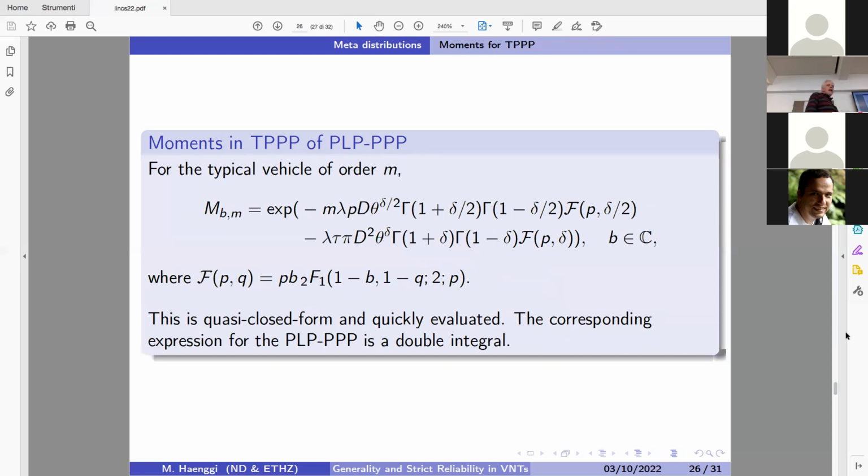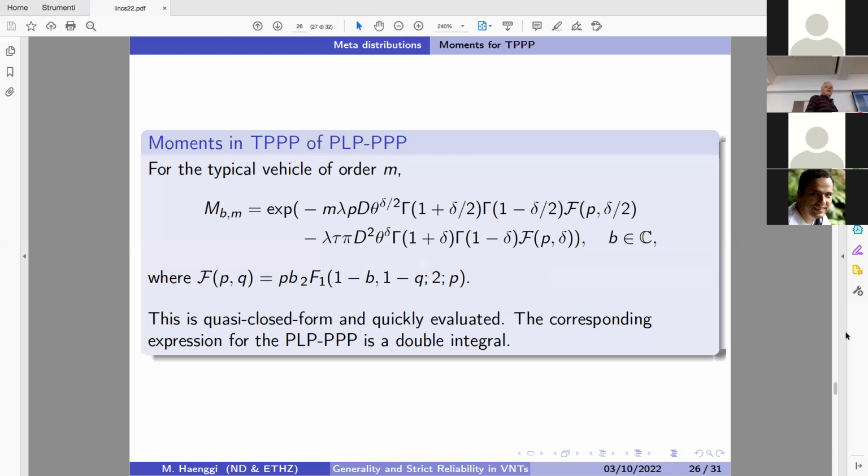So we assume we can calculate the moments, and indeed, if we take the transdimensional approach, we get simple expressions for general moments. Here b can be any complex number. It looks similar to the previous expression for just the SIR distribution, with the difference that now we have this hypergeometric function involved, where the parameter b shows up in 2 places.